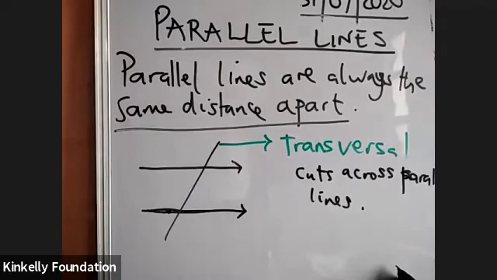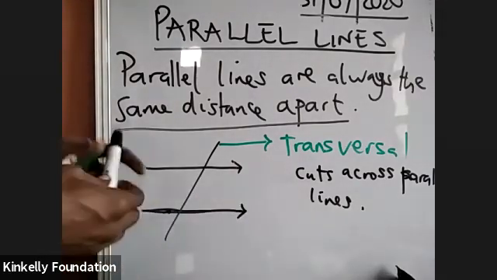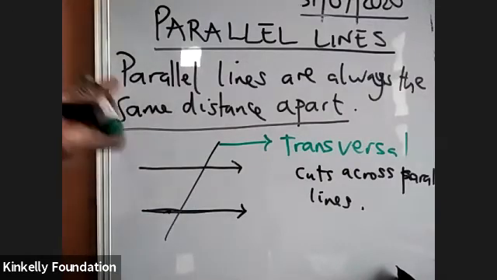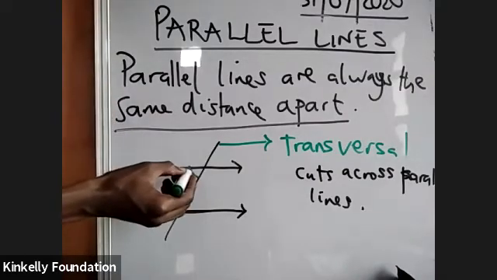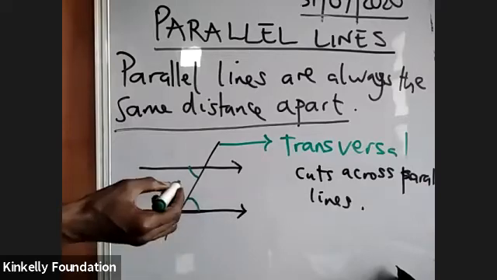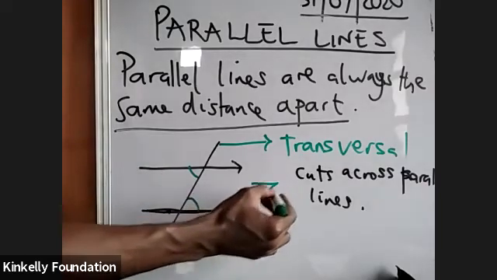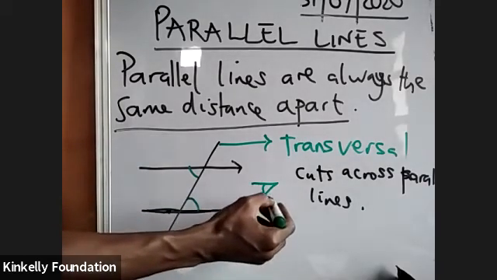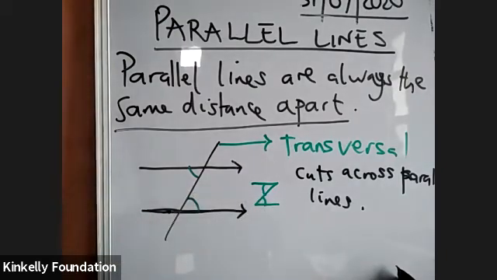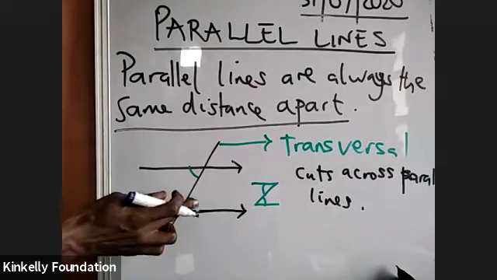Now, having noted this, there are some angles that are formed on these parallel lines. There is an angle in the shape of a Z. Look at this angle. It's the shape of a Z. There is also an angle in the shape of a C. There's what we call a C angle.